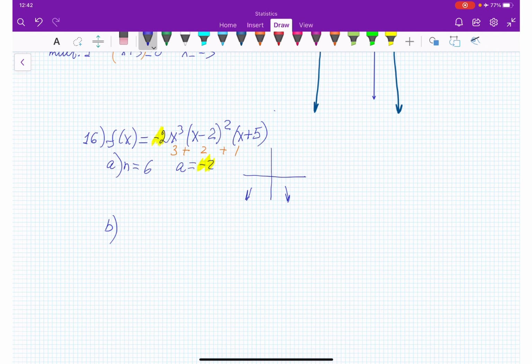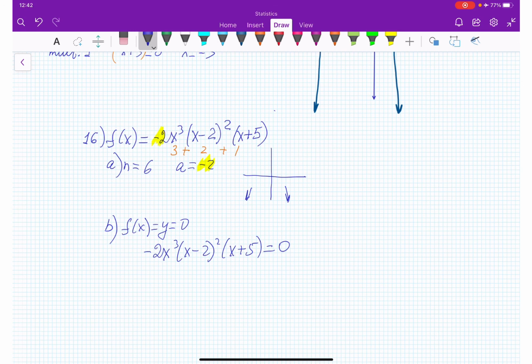We are going to find our x-intercept. All right. If y is equal to 0, then we have negative 2x cubed times (x minus 2) squared times (x plus 5) equal to 0.